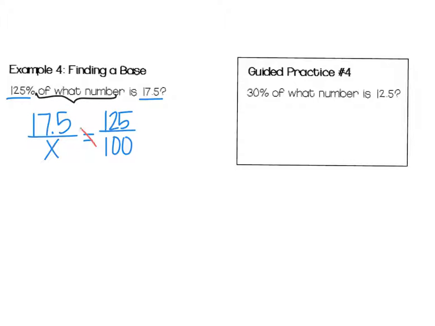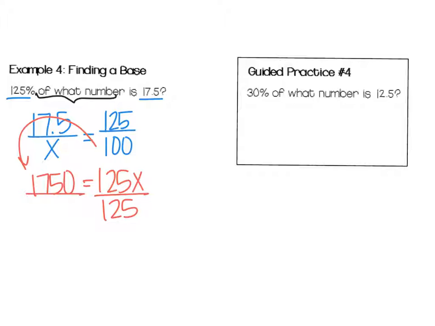So I do cross products, and I get 1750 equals 125x. Divide both sides by 125. And that is 14. So 125% of 14 is 17.5.